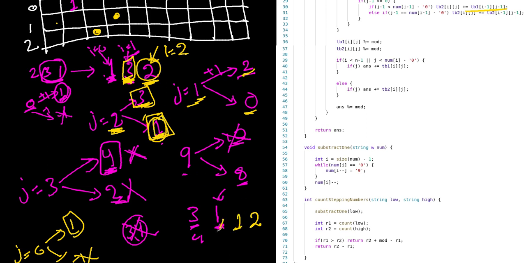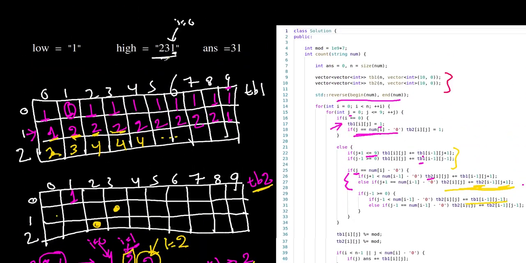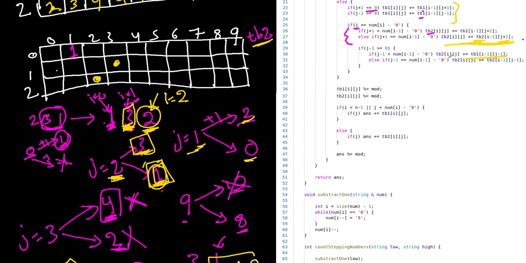So 2 1, no matter what this value, remember this is reverse, so 2 1, no matter what is this is still less than the number we are checking for, and this is why we are using TB1 to solve for TB2 in this case when it's less.